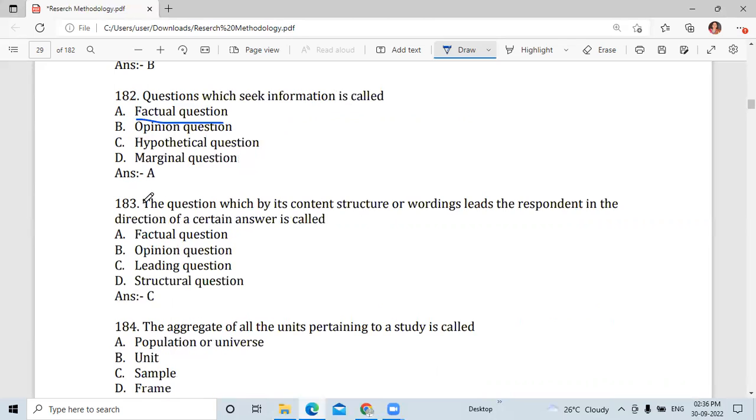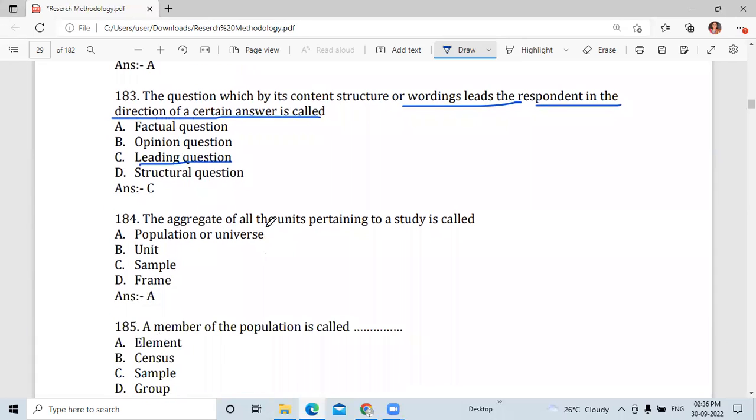The question which by its content, structure or wording leads the respondent in the direction of a certain answer is called a leading question. So in the question itself the answer is there.